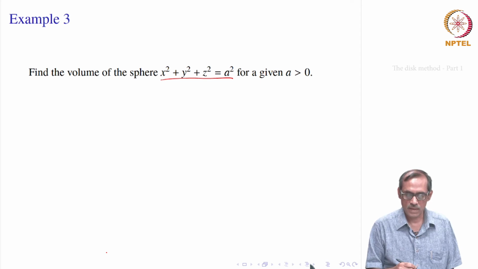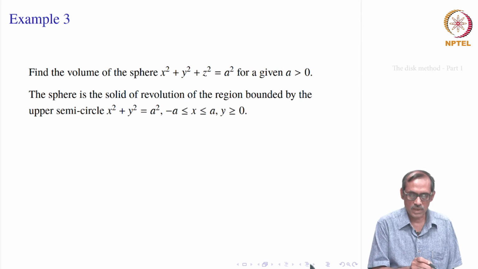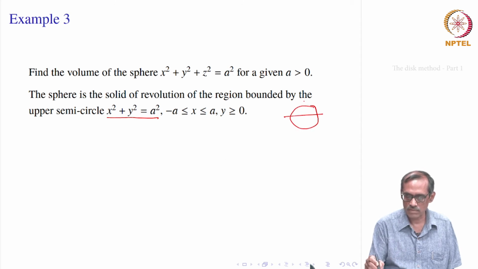So this sphere has radius a, and how do we take it as a solid of revolution? Let us say we look at the semicircle x square plus y square equal to a square.